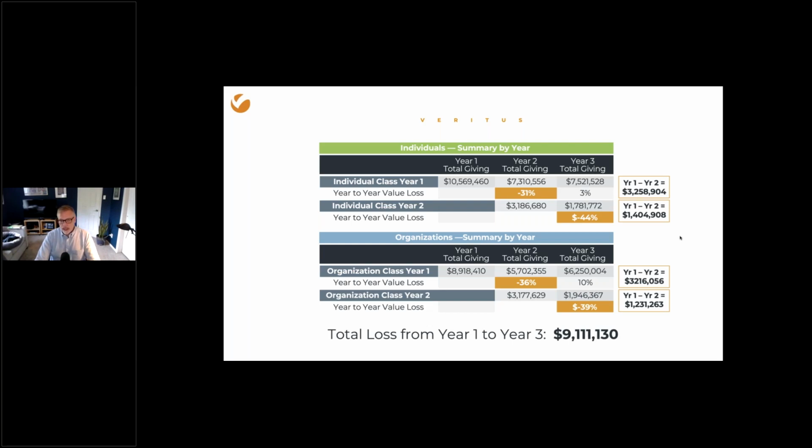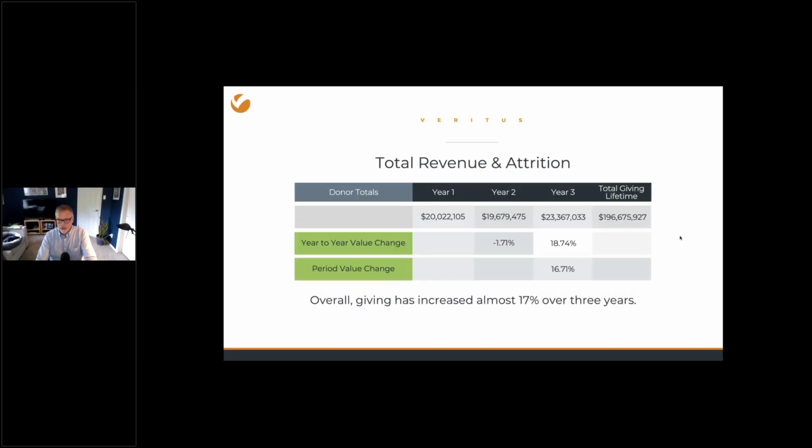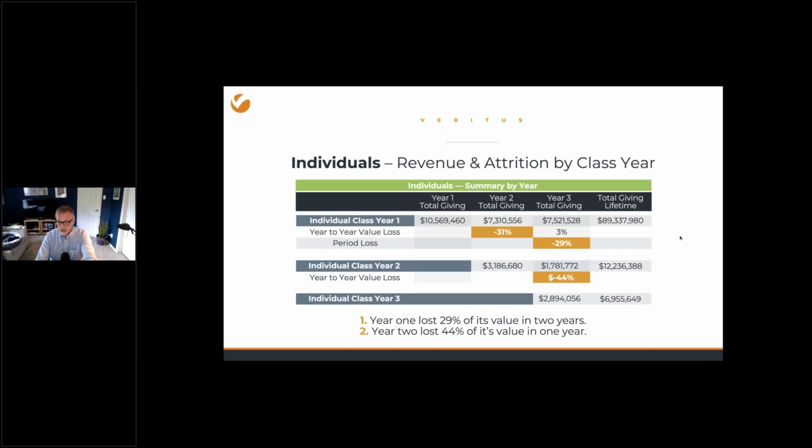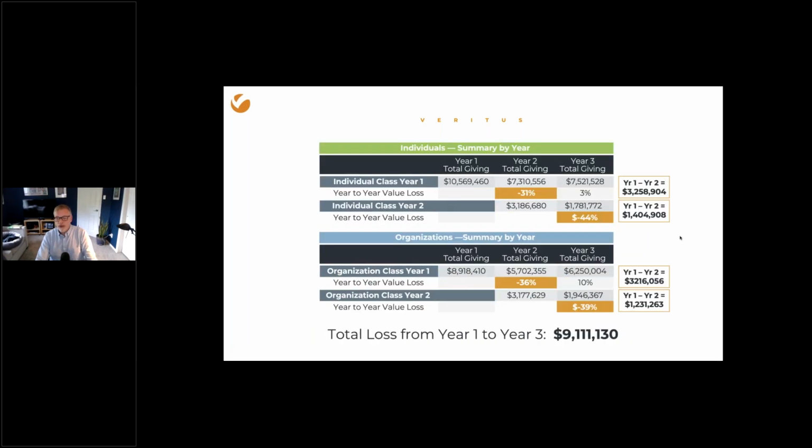So when the CEO saw this, they were blown away. Remember, they grew by 17% from year one to year three, yet they lost $9.1 million to value attrition. Now, there's always going to be some value attrition going on, but not at that level.